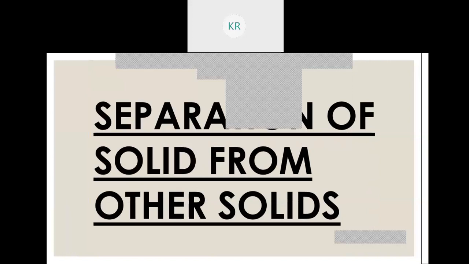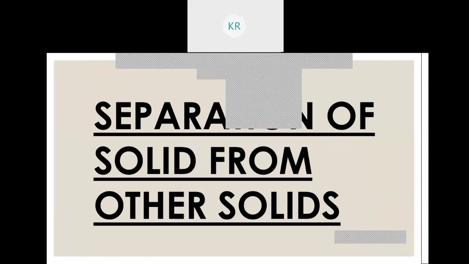So in this, we are going to discuss solid-solid separation. A solid can be separated from a mixture of solids by making use of properties such as shape, size, color, weight, magnetic properties. So, these are different characteristics.